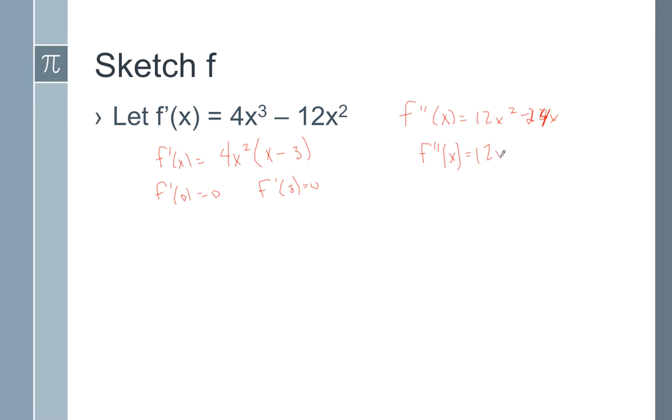I'm just going to do a little bit of work here. 12x and (x minus 2). That's not necessary, but it might help me a little bit here. F double prime of 0 is equal to 0, and f double prime of 3 is equal to 1 times 36, which is 36. So it's positive.